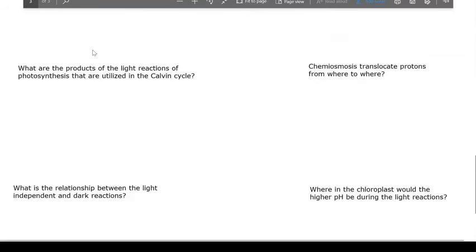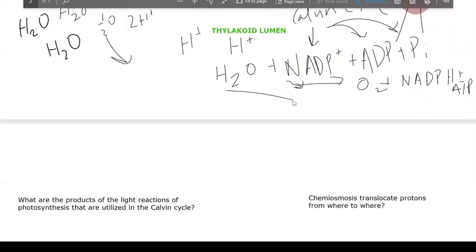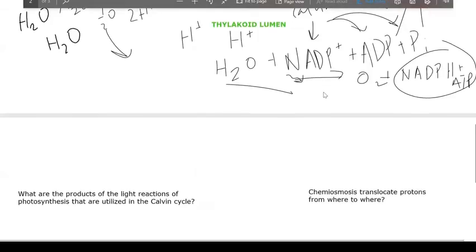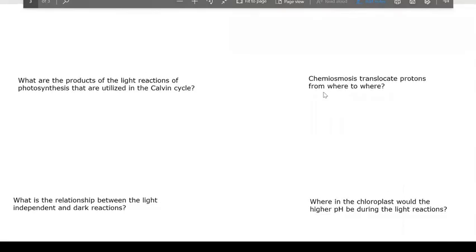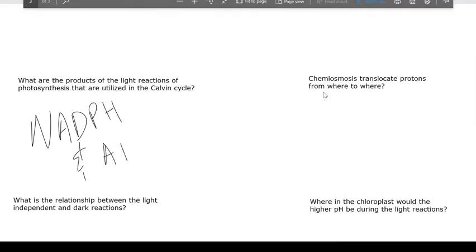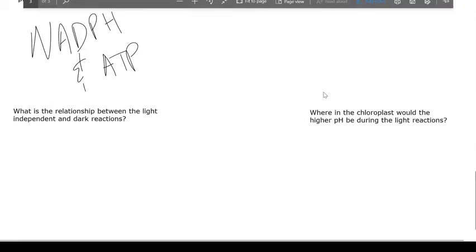Well, if we look at the equation that we just made, we're going to notice that NADPH and ATP are the two products that we made during the light-dependent reactions, which are going to be used for the Calvin cycle. Remember, O2 is just a byproduct. It doesn't get used anytime.